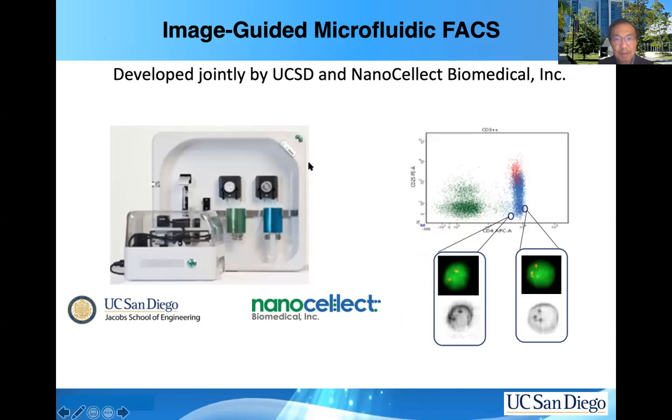This is a tabletop microfluidic image-based sorting system, compared to the regular FACS system that shows only a single dot representing the expression level of certain fluorophores or proteins. Here, for each dot, we could also construct the cell image in a two-dimensional fashion. So we have the spatial information associated with the downstream genomic information.